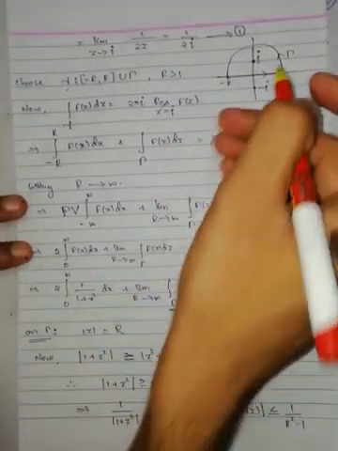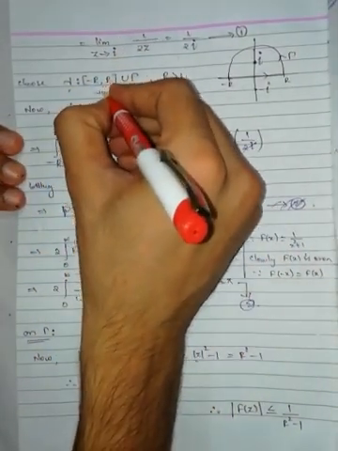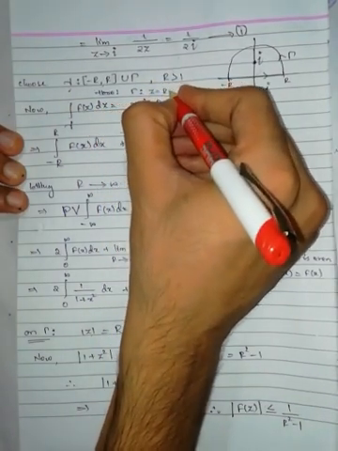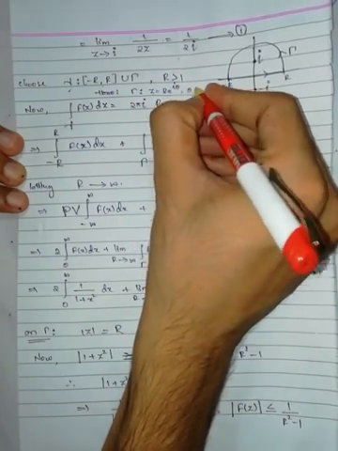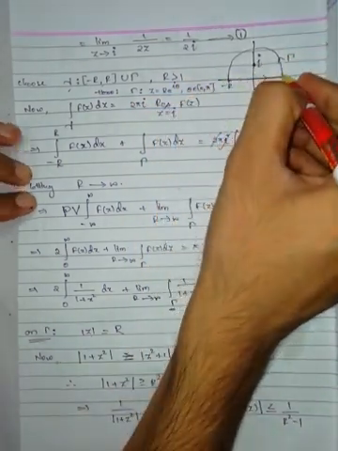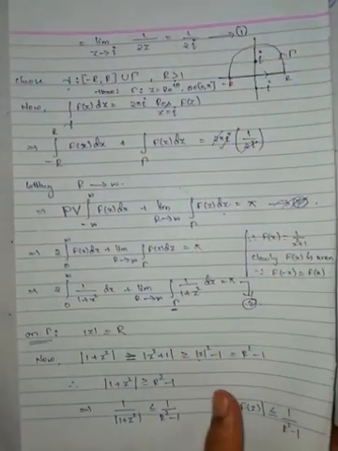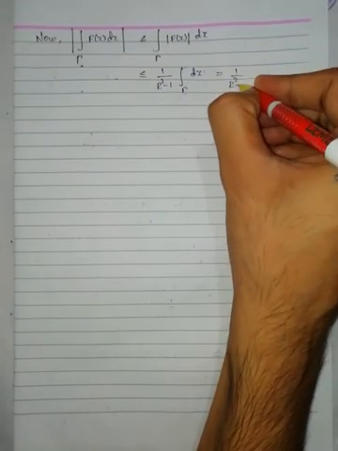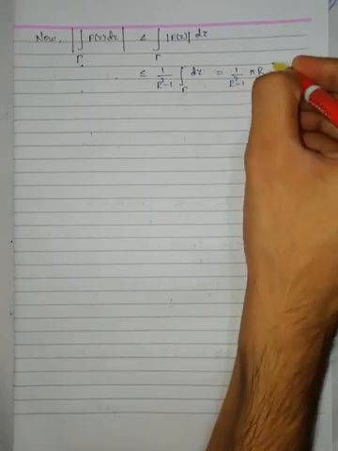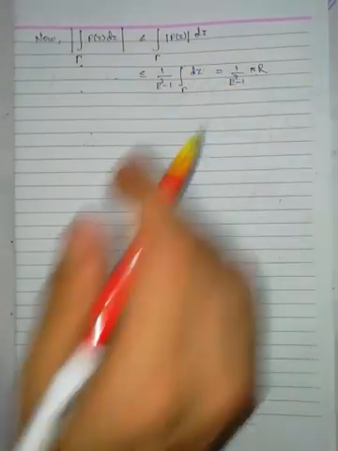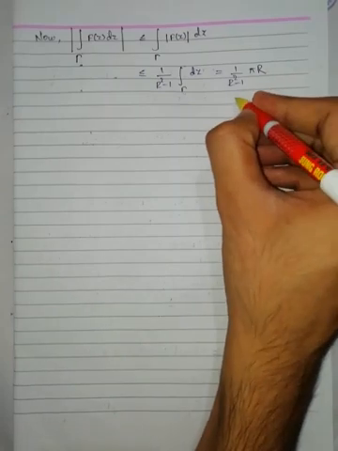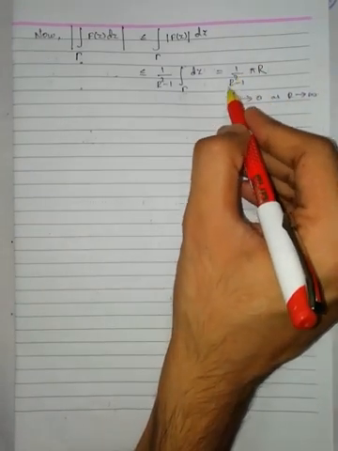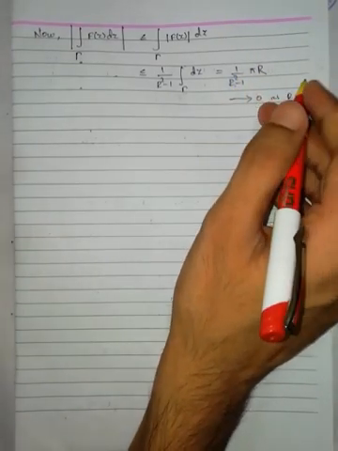As gamma is a semicircle, z equal to R e to the power of iota theta, where theta belongs to 0 to pi, the length is pi R. So this is 1 by R square minus 1 into pi R. Now this tends to 0 as R tends to infinity, because the degree of the denominator is larger than the degree of the numerator.